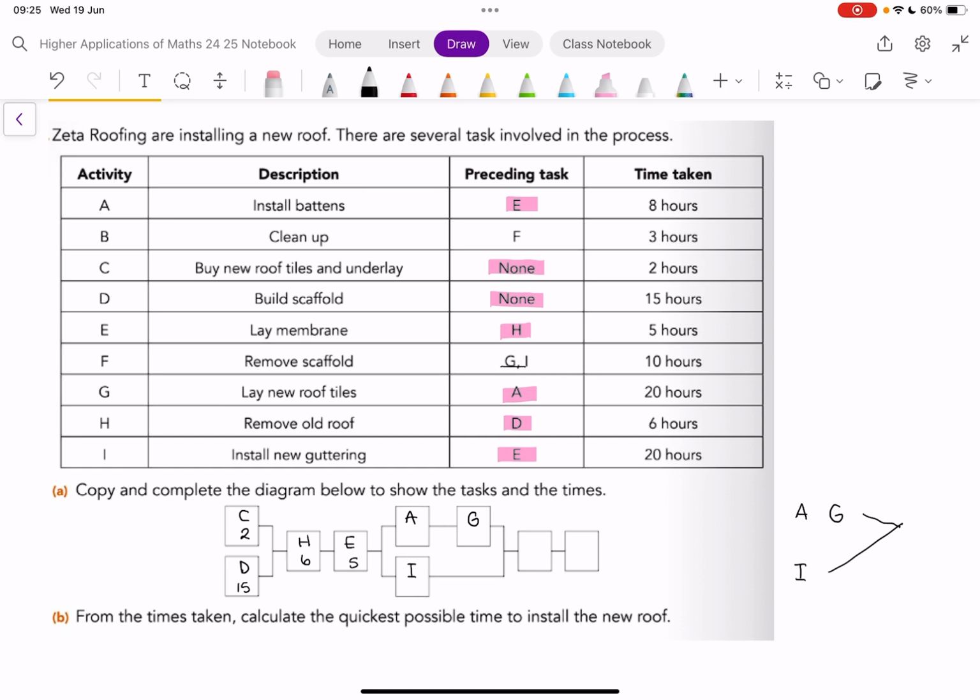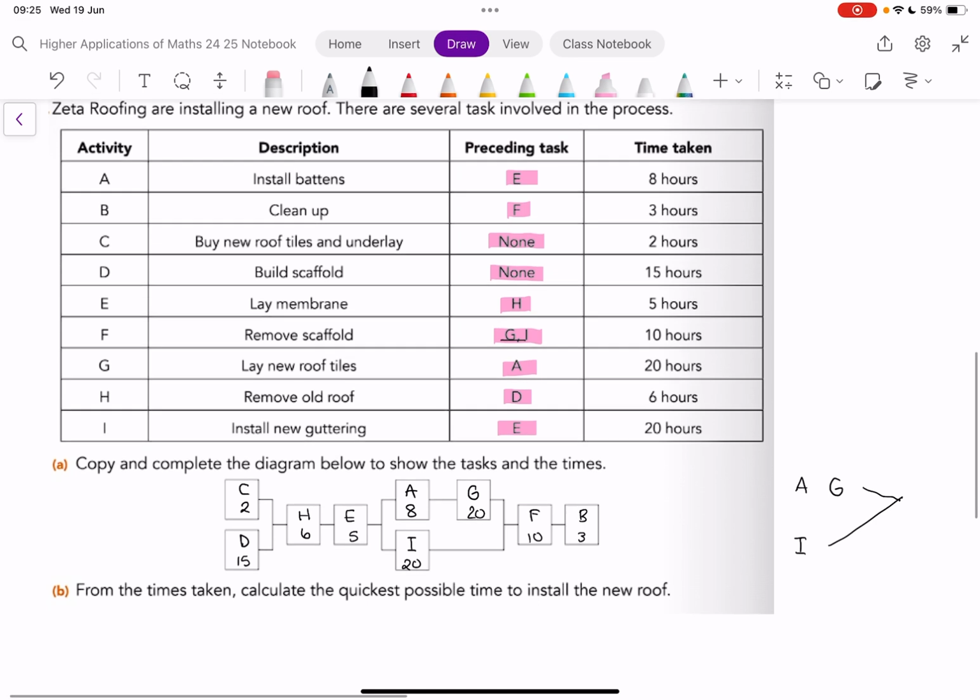Okay, so task A is 8 hours, task G is 20, and task I is also 20. So after G and I goes F for 10 hours, and then after F is B for 3 hours.